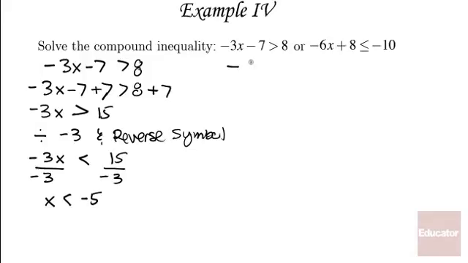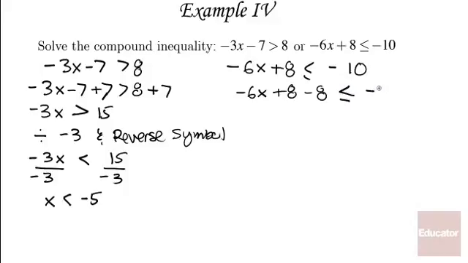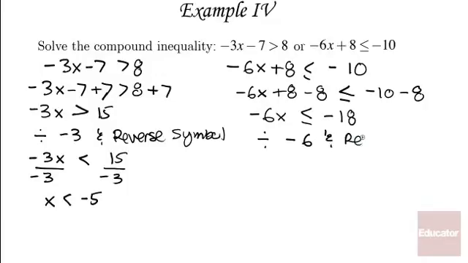My second inequality, negative 6x plus 8, is less than or equal to negative 10. Subtract 8 from both sides. The 8's drop out, and on the right I have negative 18. Now I need to divide by negative 6 and reverse the symbol.